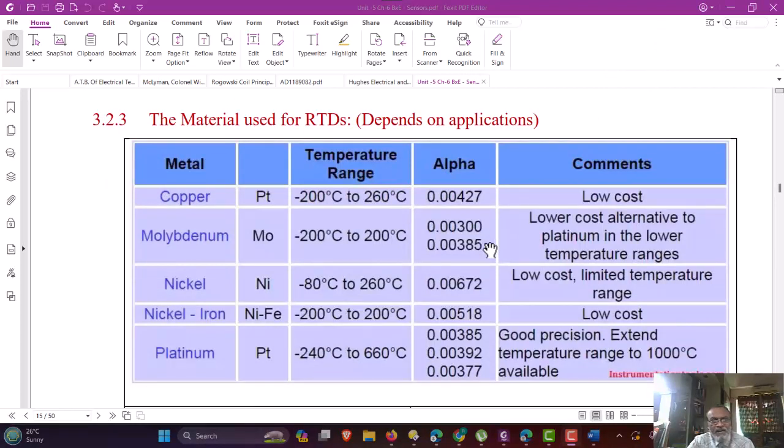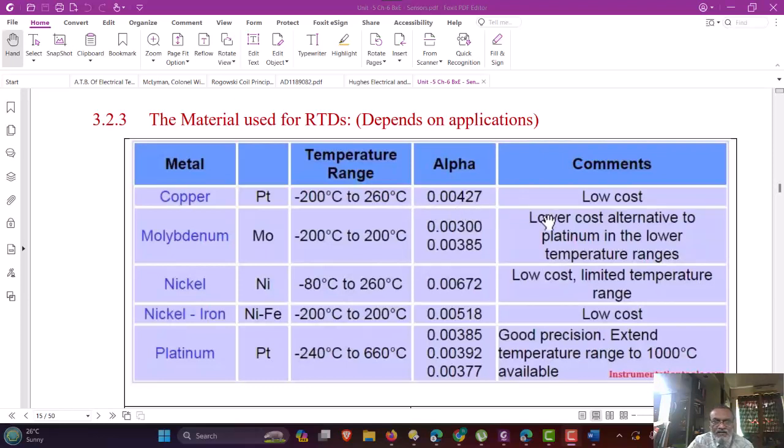The various materials that are used for preparation of RTD sensors are shown here in the table. For example, for copper, the temperature range is from minus 200 to 260 degrees centigrade and alpha value is shown 0.00427 per degree centigrade.